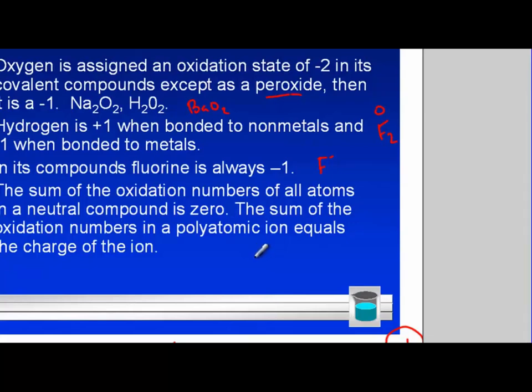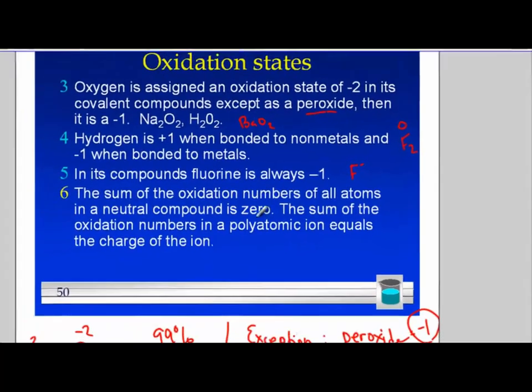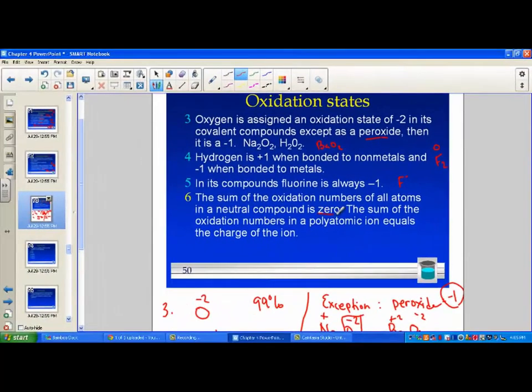Rule number 6. The sum of all oxidation numbers in a neutral compound is always 0. We've learned that when we try to crisscross charges, we make an electrically neutral compound. The sum of oxidation numbers in a polyatomic ion equals the charge on that ion.